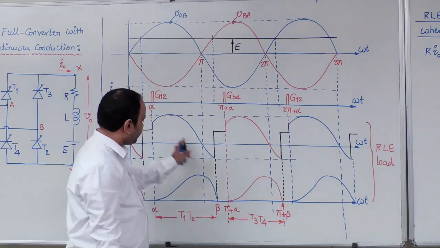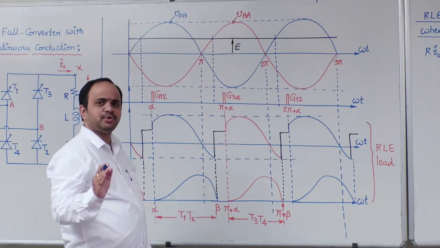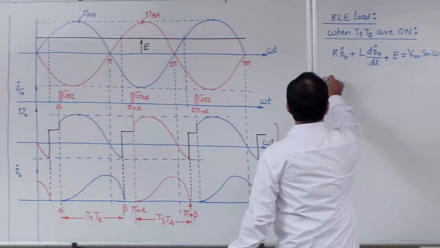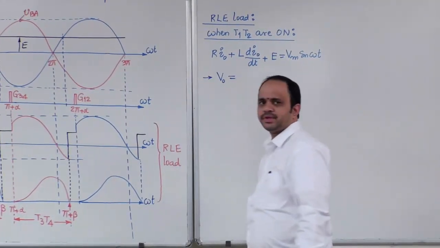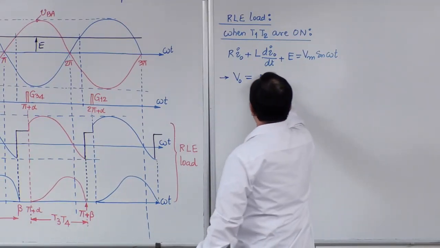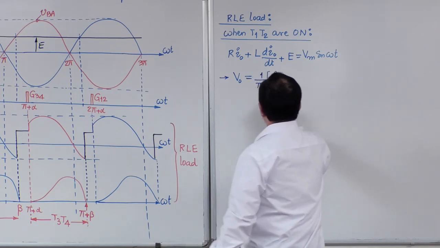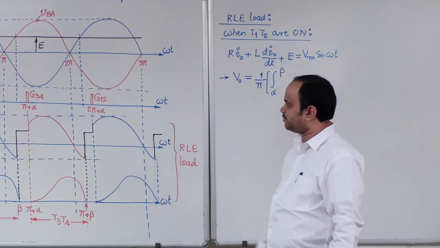Now by using this waveform analysis, let us calculate average output voltage. Okay, so what is that? Let us see. V0, average output voltage, is equal to, what is the periodicity of that waveform? That is pi. So 1 by pi integration from alpha to beta. Now just go through the waveform.